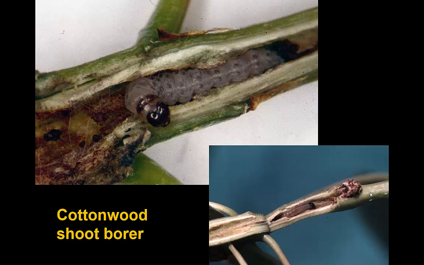So these will show excavation kinds of injuries in the terminal growth that will allow you to determine that an insect borer, or shoot borer in this case, is the cause, rather than, say, a fungus disease that causes the tissues to collapse and fail to move nutrients. So there will be some clear evidence of excavation with a shoot borer.